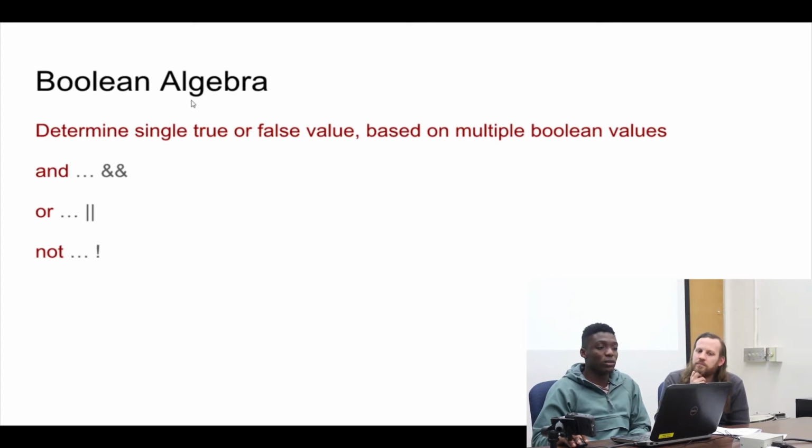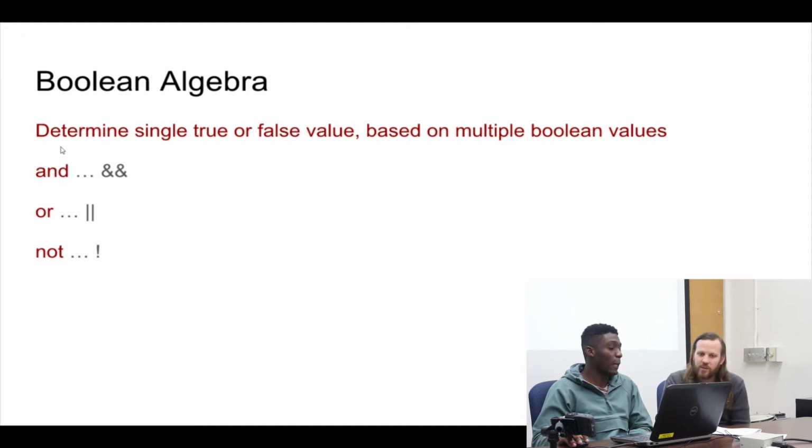Now, Boolean algebra determines a single true or false value based on multiple values. So if you have 2 values and you want to decide whether the single value within those 2 values is true or false. For example, you say and. If you have one value that's true and one value that's false, and would not work. And has to have both values be true for the single Boolean value to be true.